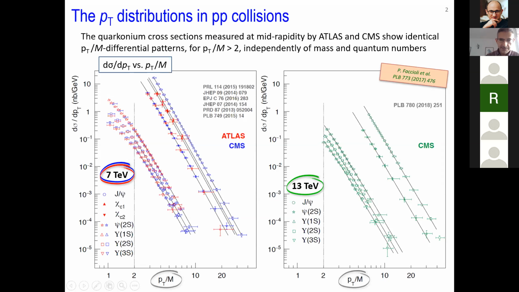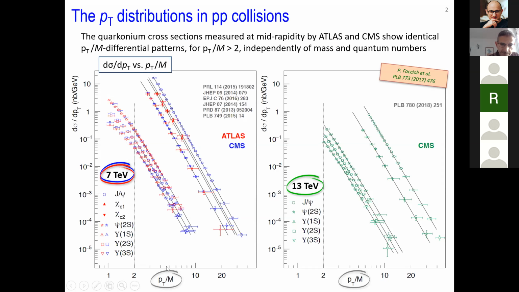The first indication of the data is that there is almost universal scaling of the cross-section with the variable which is the ratio of PT over M. So these two plots are at 7 TeV and 13 TeV, the cross-section of all quarkonium states measured at Atlas and CMS.